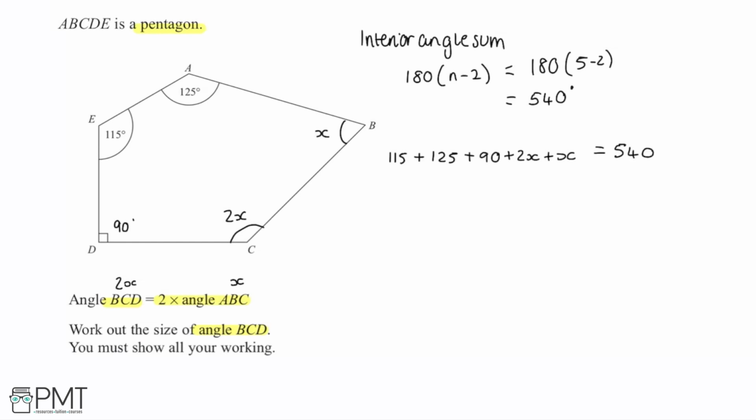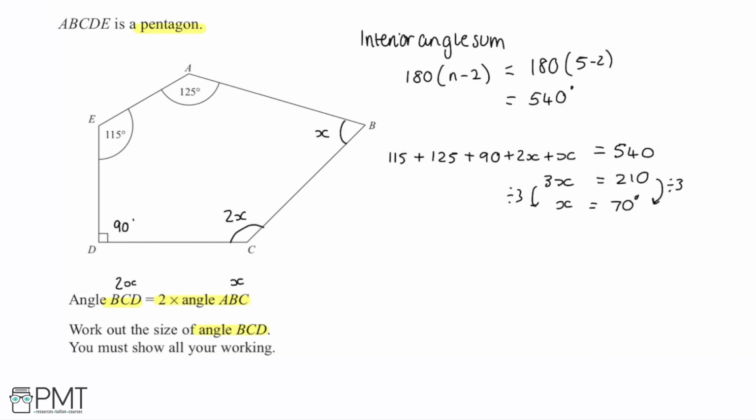Now if I add together my x terms on this side and then subtract all of my numerical values from the left hand side and the right hand side, we end up with 540 minus 115 minus 125 minus 90, and that gives us an answer of 210. And then I can find the size of angle x by dividing both sides of this by 3, and that gives me x as being 70 degrees.